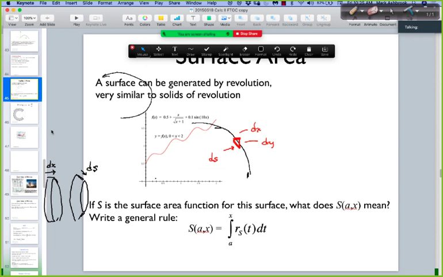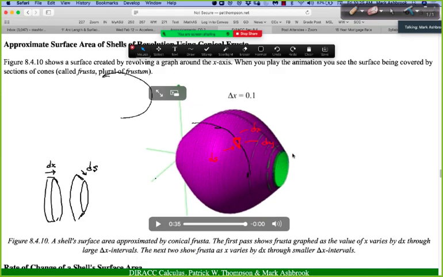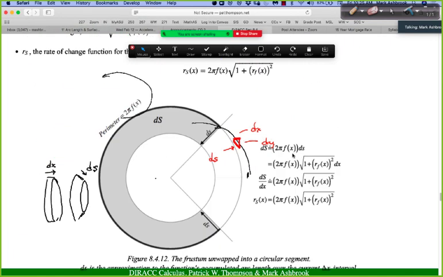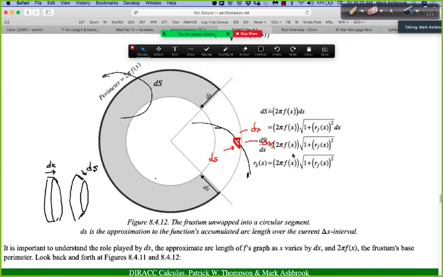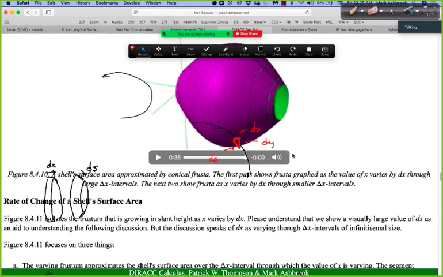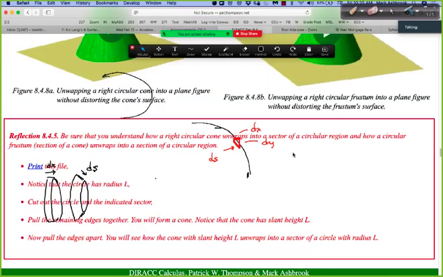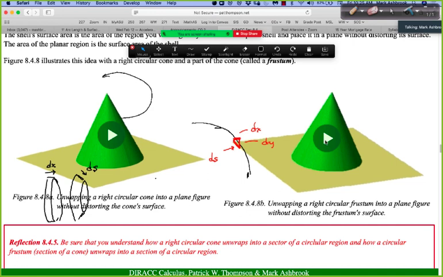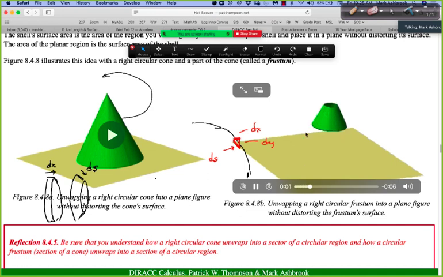So the way that we get those things is from what's called frustums. Here. If you take part of a cone, so this is this, right? See that? Pause. If you slice a part of a cone, do you see that that is the same thing as this? That's what we need.